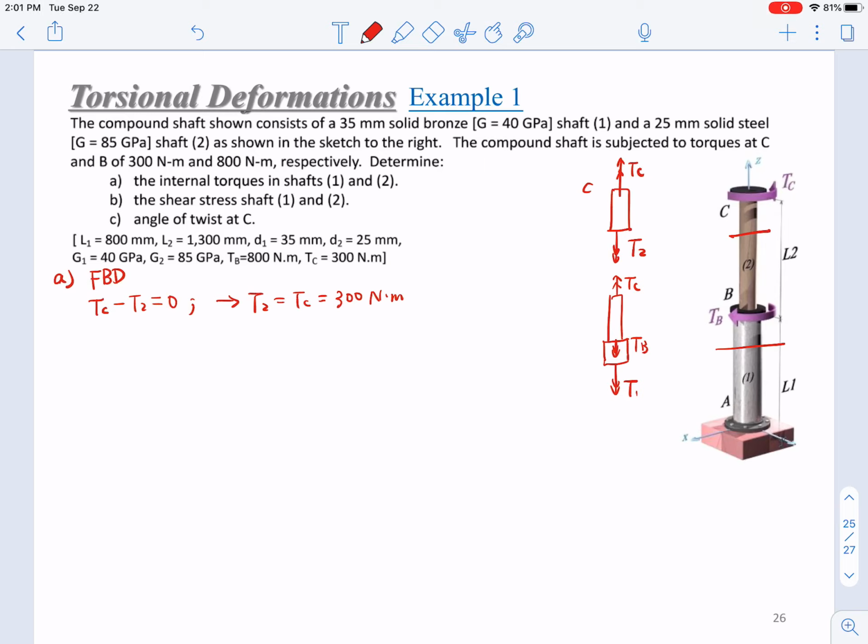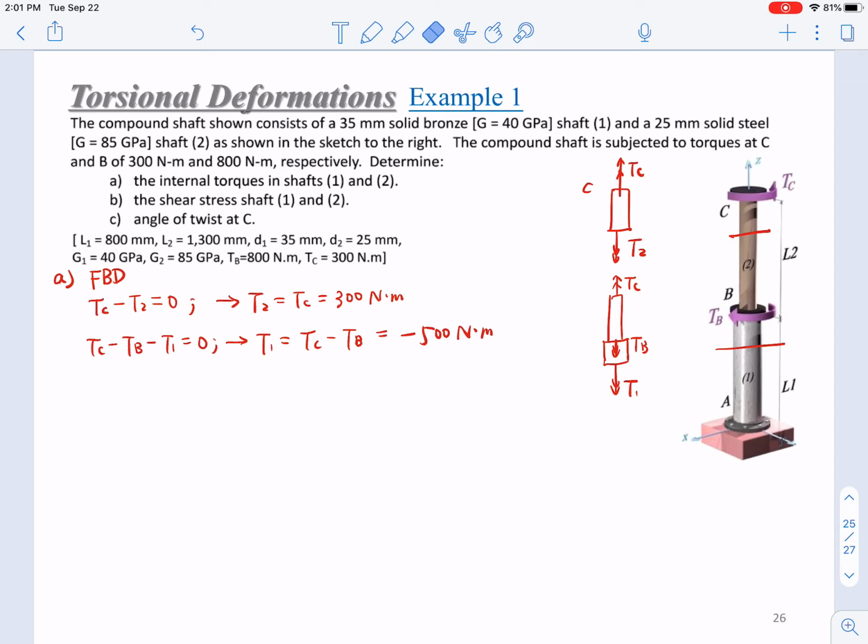So you will have TC minus TB minus T1 equals 0. So T1 equals TC minus TB, that would be 300 minus 800, or negative 500 Newton meter. So we're done with step A. We have determined the internal torques in shafts 1 and 2.